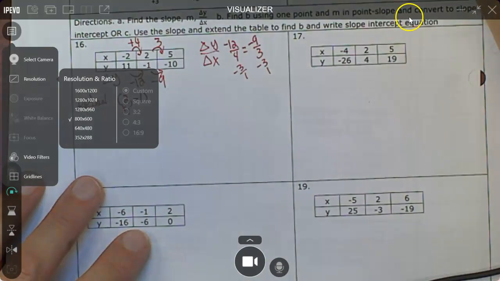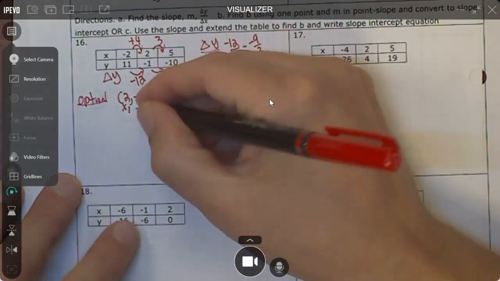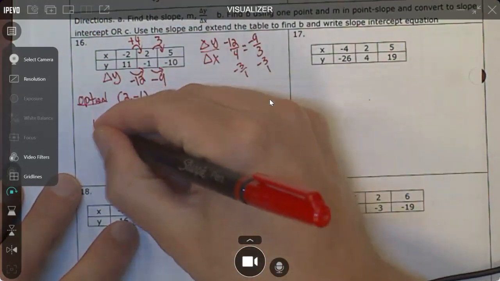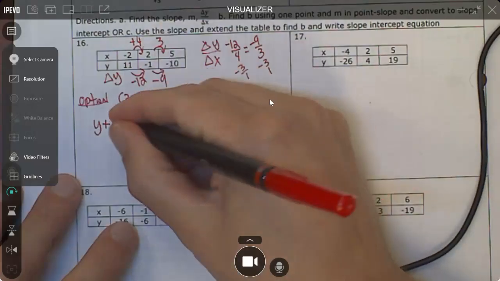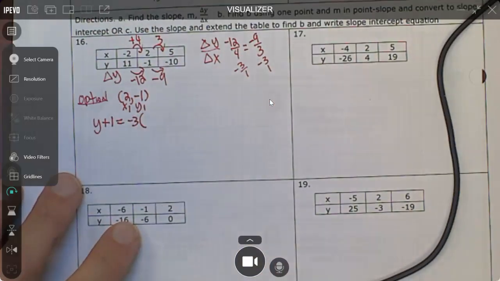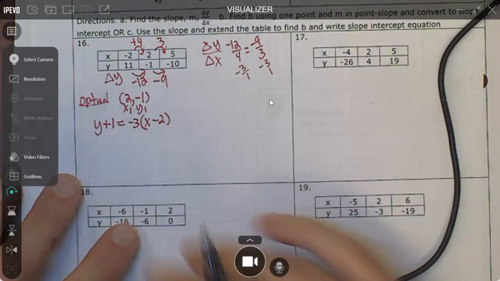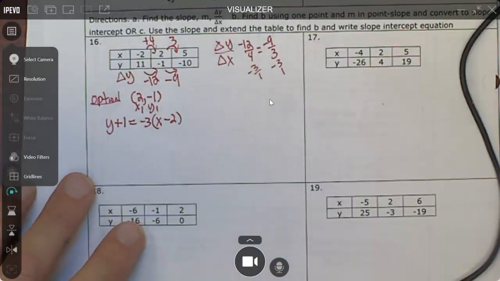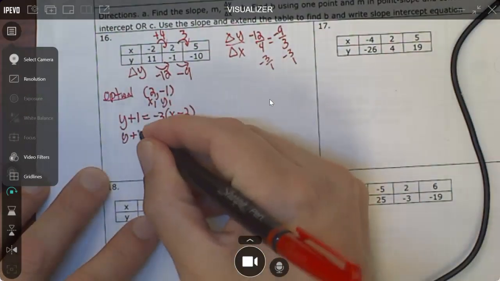Let's try back to 800. Okay, you go Y minus Y1, so that always turns into a plus. You take that slope, and you do X minus X1, and so take the opposite of 2. Okay, now you can get it slope intercept.